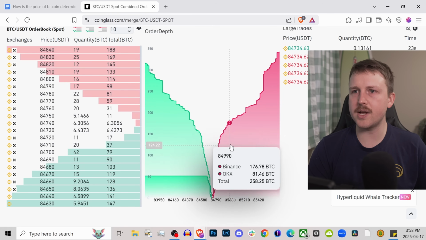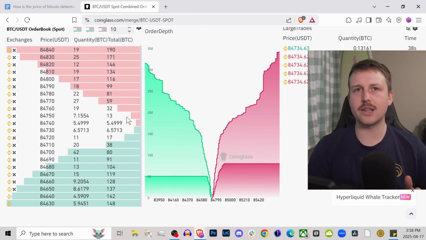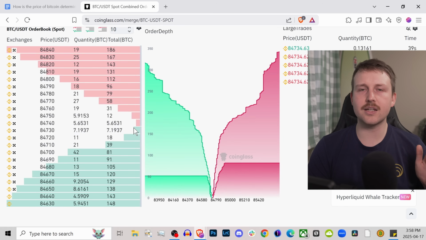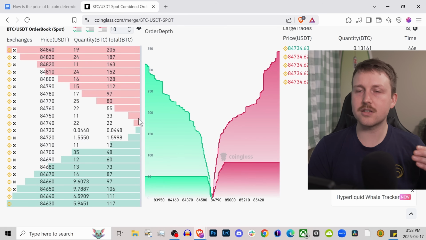And on this red side here, you can go up and you can see at the price of 84,770, there's 58 Bitcoin being sold. So all price is the last buy and the last sell in a given exchange, so in a given market. And that is what determines the active price.